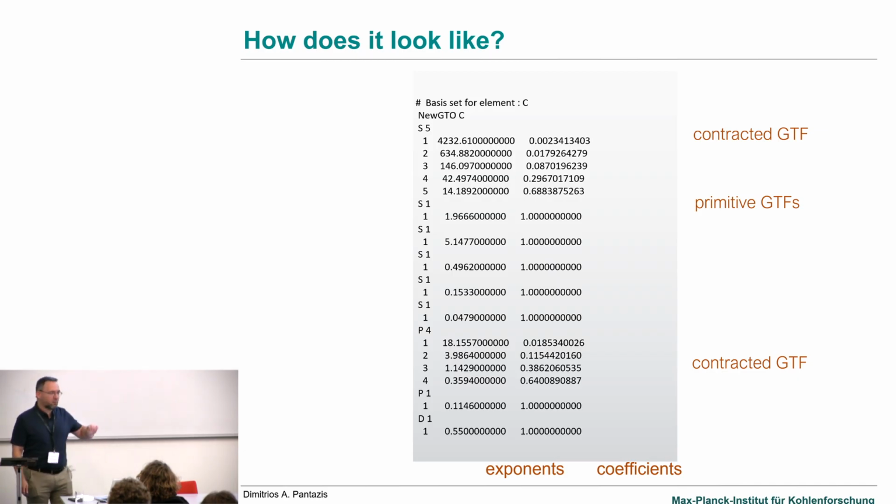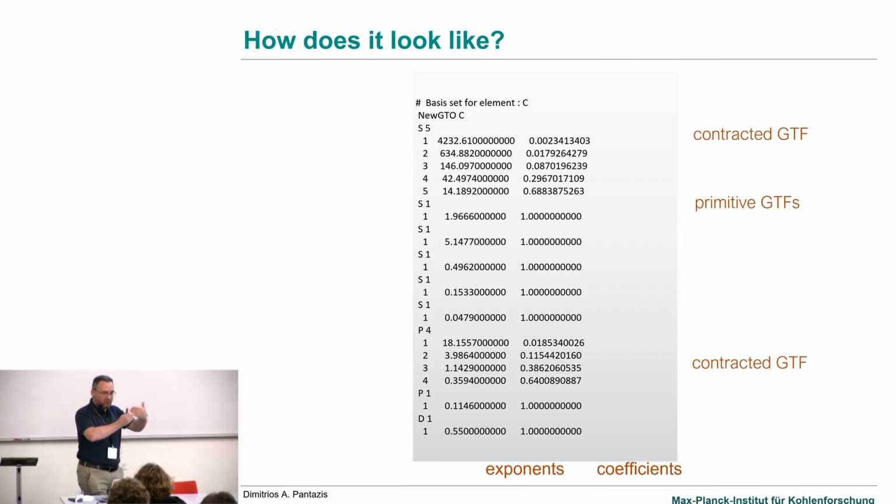And that's it. The higher the exponent, the tighter the function is, the closer to the nucleus; the lower the exponent, the further from the nucleus. Then you multiply this with something else that gives you the different angular momenta, and that's your basis function.